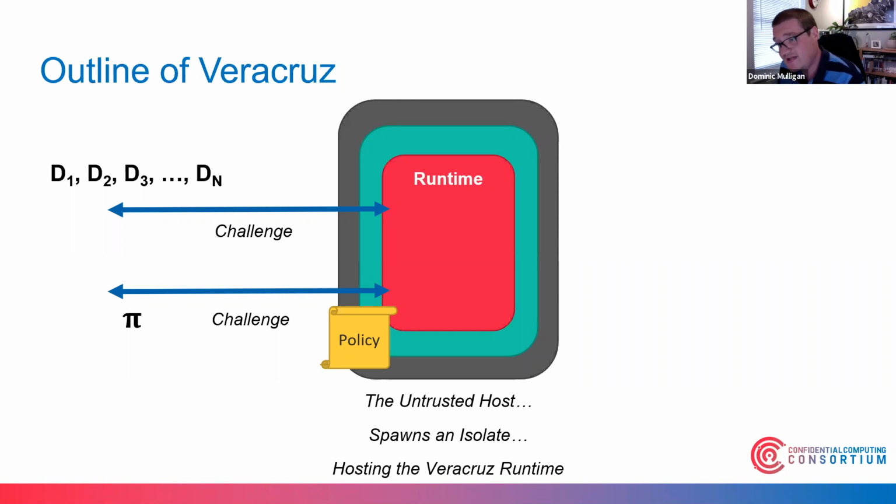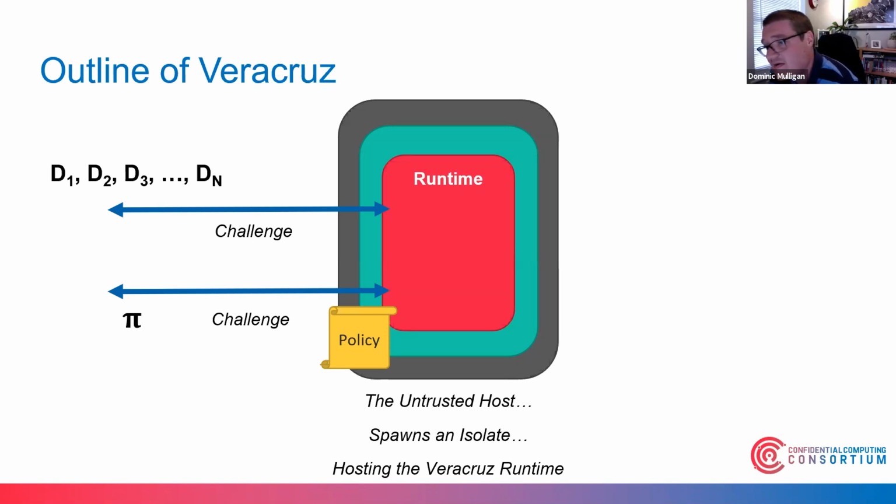We assume that it's public, that it's been published by the untrusted host, and there are also facilities in the trusted Veracruz runtime for retrieving a copy of the policy, or at least a hash of it, so that you can make sure that the policy that has been audited by you, and that was published as a participant, is in fact the one that's in force and enforced by the runtime.